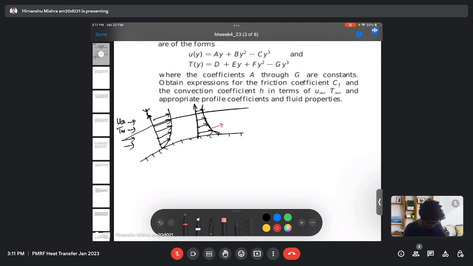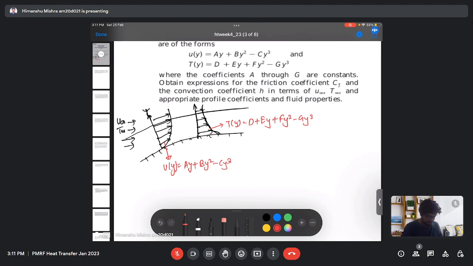We have been given the temperature profile and the velocity profile, and we need to determine the drag coefficient and the convection coefficient.